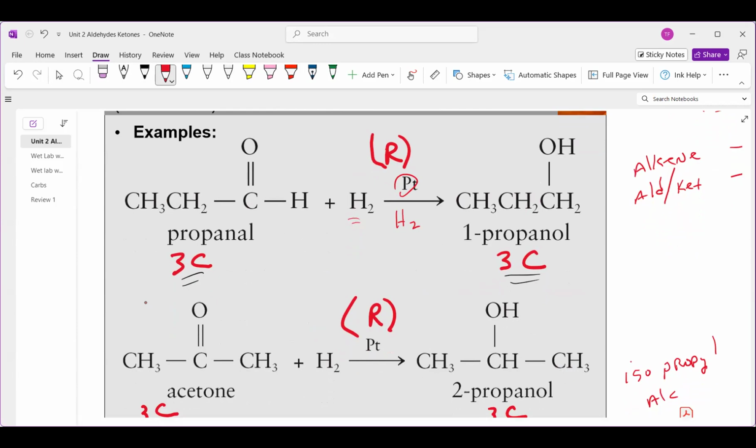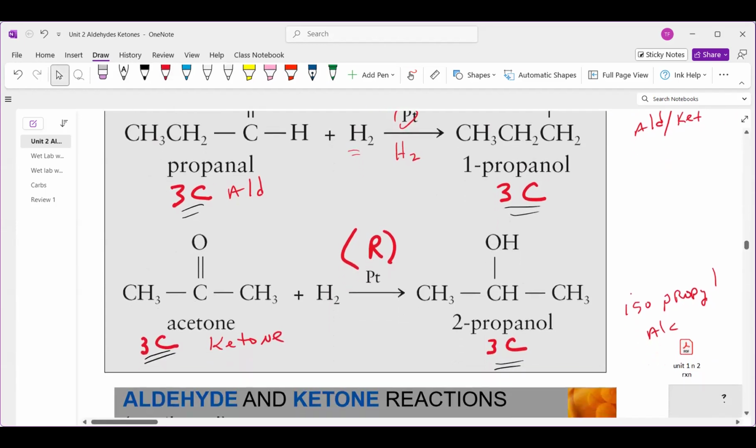Here we have a 3-carbon ketone. Okay, same conditions. Catalyst, we end up with 2-propanol, which is a secondary alcohol. Okay.